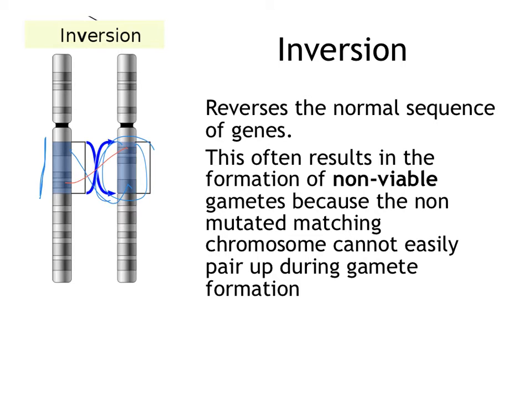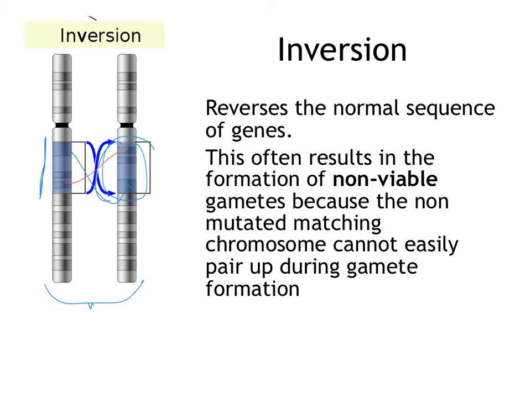Now gametes, if you remember, are the sex cells, and gametes are formed from a type of cell called a gamete mother cell, which has 2 sets of chromosomes, and what happens is the gametes are formed by the matching pairs of the chromosomes lining up, and then there's a separation process that takes place. It's a process called meiosis.